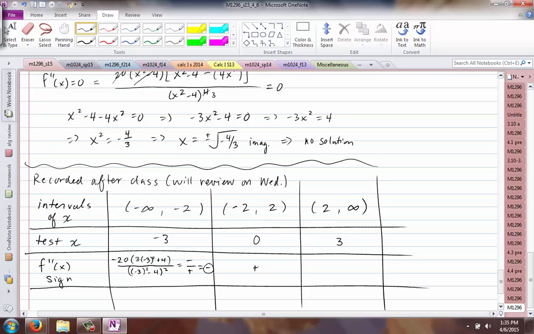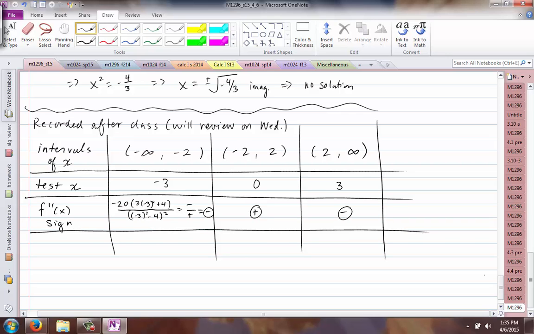And if you do a similar thing for our other intervals and test values, you would get positive and then a negative. When you have a negative second derivative, that means it's concave down on that interval. If it's positive, it's concave up. As long as you have your information in a table like this, you don't have to restate the intervals of concavity.